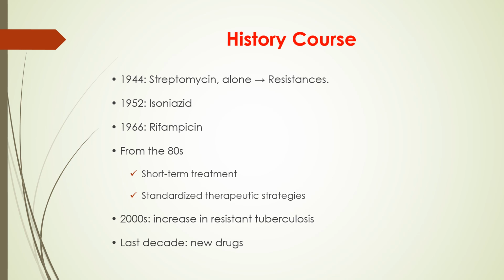In 1952, isoniazid, 1966, rifampicin, and from the 1980s, we installed the short-term treatment with standardized therapeutic strategies. In the 2000s, we noticed an increase in resistance to tuberculosis, which led to the implementation of new drugs last decade.